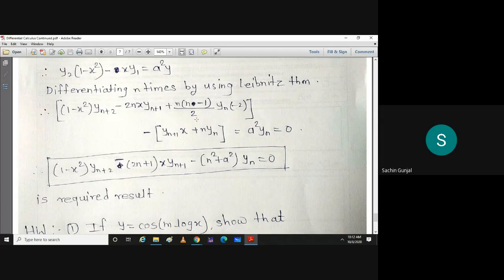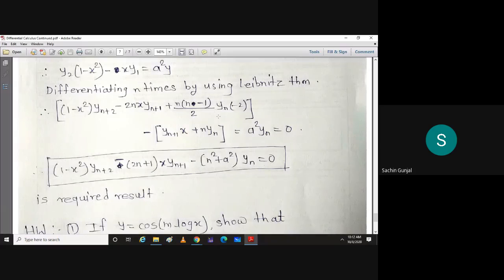If you collect the coefficients correctly, 1 minus x square into y n plus 2, then collect the coefficient of y n plus 1. Here it is minus 2nx and here it is minus x, which becomes minus of 2n plus 1 into x.